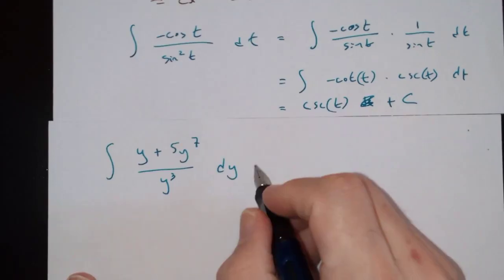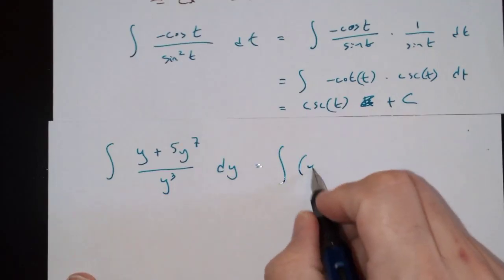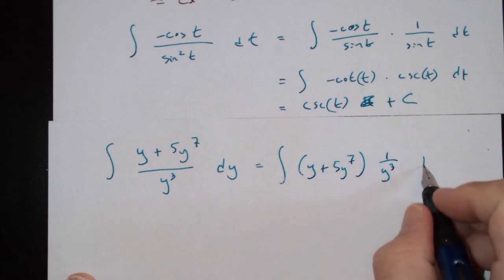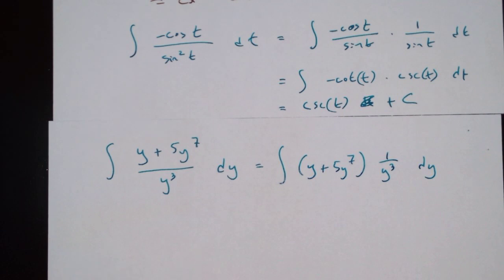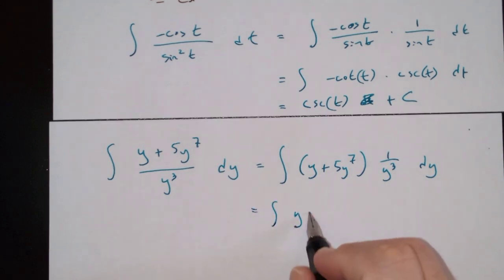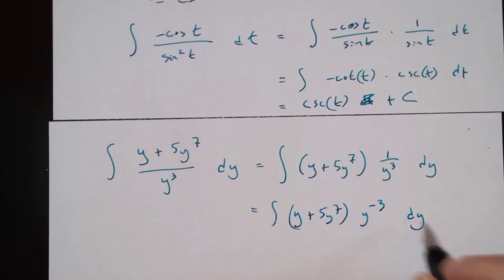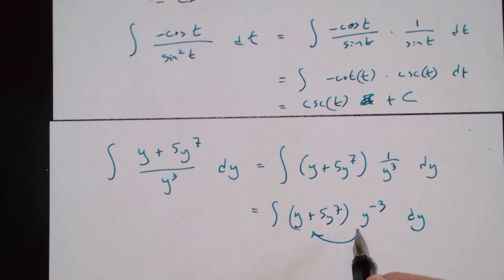But now, Jack, I think I want to steal your idea that you tried to do with the sign up there before. If I've got that y cubed on the bottom, how can I rewrite that? If I write it as y to the negative 3, then I can distribute.